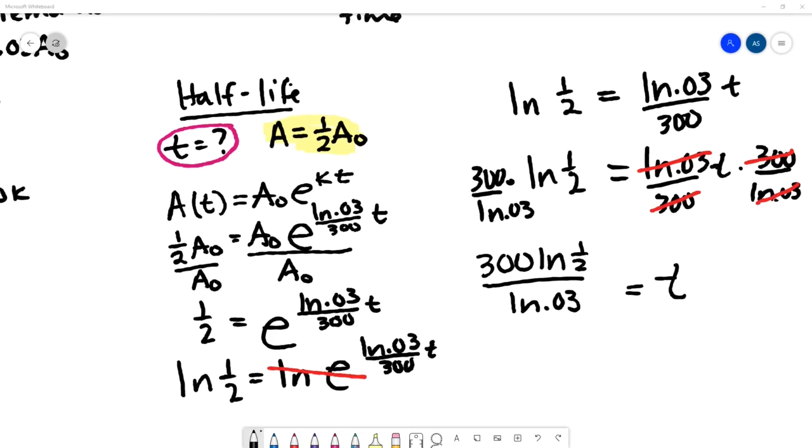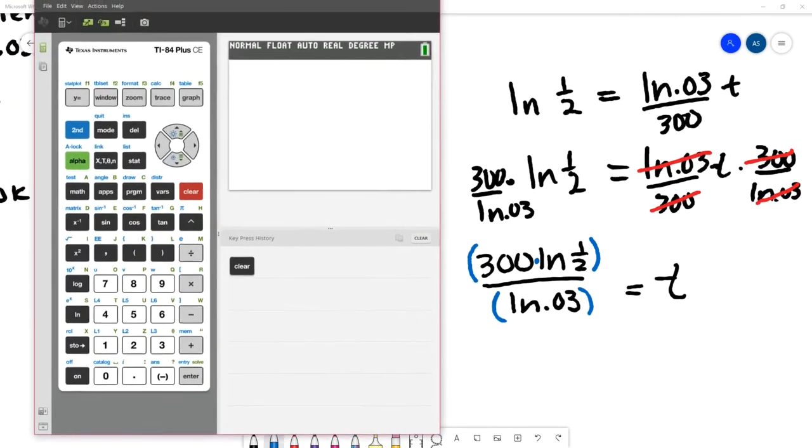So let's get our calculator out. When you put it in the calculator, you want to make sure you put parentheses around the numerator since there's more than one thing in the numerator. We really don't need parentheses in the denominator because there's only one thing in the denominator.